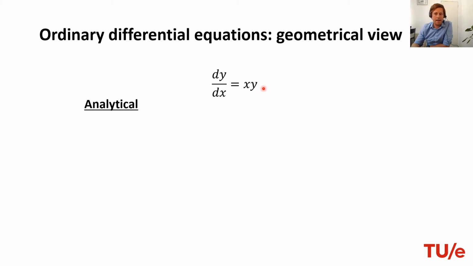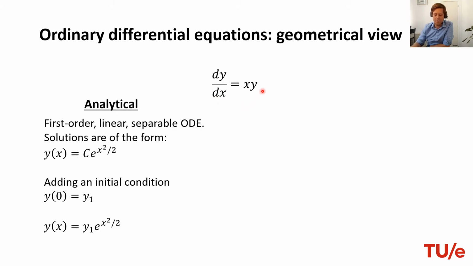Now again, we can analytically solve this. You can do separation of variables. So push the y to the left-hand side, push this dx to the right-hand side, and then it's quite easy to verify that the solutions will be of this form. So this is a first order, linear, separable ordinary differential equation, so you can solve it by separation of variables.